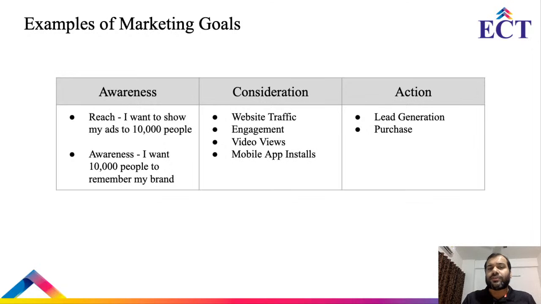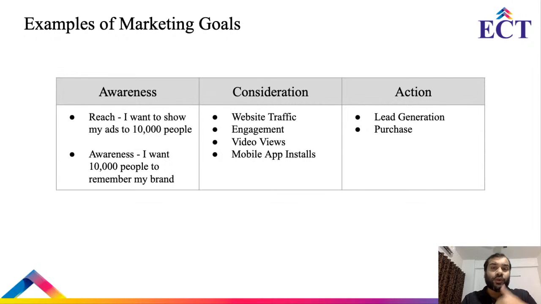Then consideration. You will see four types of consideration goals. You want to increase your website traffic. Suppose you set a marketing goal that I want 1000 visits on my website. Then engagement: I want 2000 likes, comments and shares combined on my social media post.